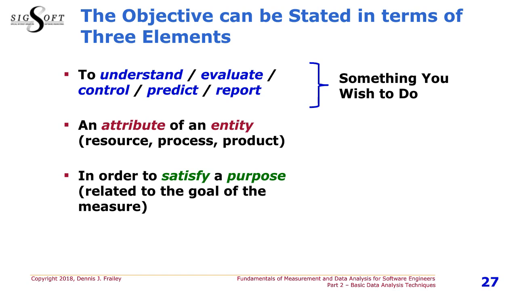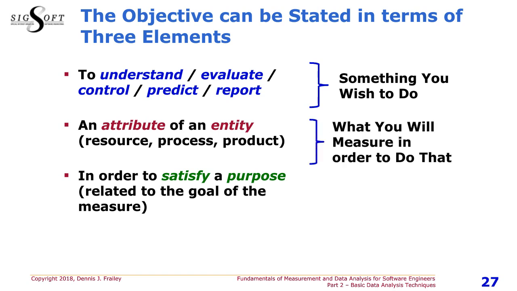In other words, what attribute are you trying to report? We're trying to talk about the speed of something, or the schedule of something, or the performance of something. What is it that you are trying to measure, and what attribute of that thing are you trying to measure? And ultimately, why are you doing it? What is your purpose? Why am I going to do this?